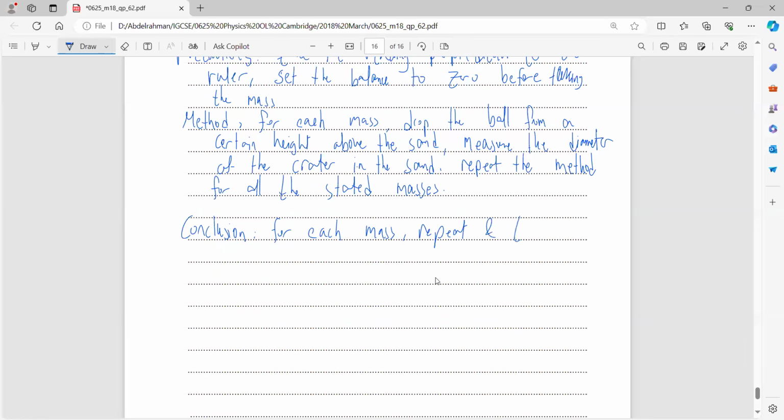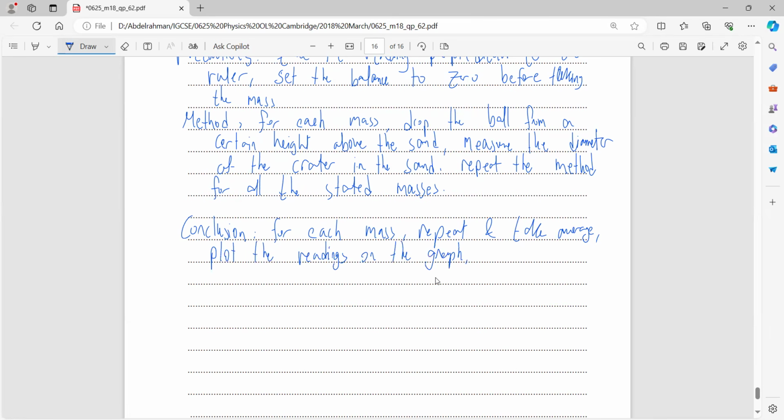But for this question, we will not say record the readings in the table. We can say plot the readings on the graph.